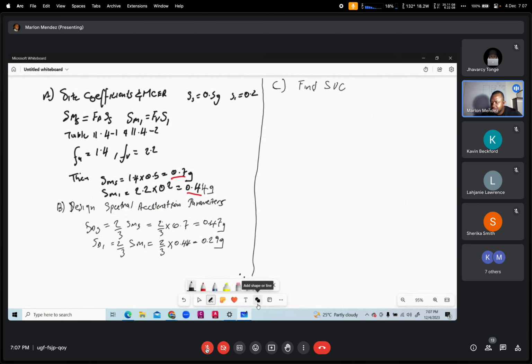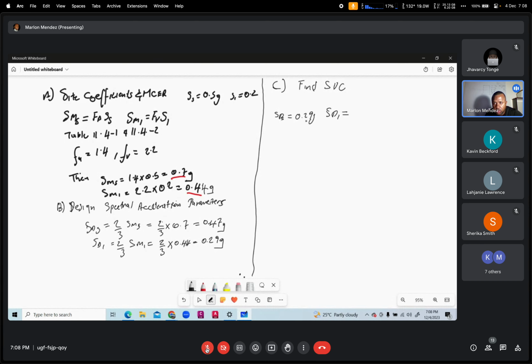The design category here is based on two things: SDS is equal here to 0.29 G, and SD1 is equal to, what is it equal to now?